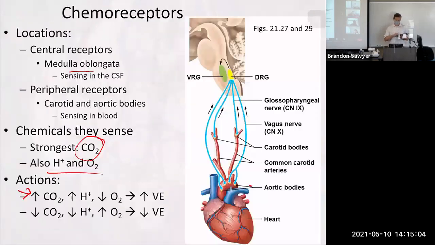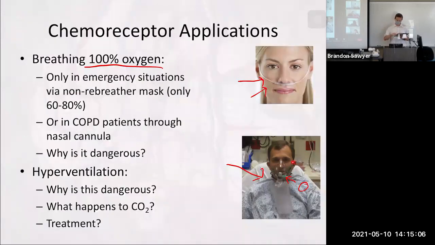In the case down here with this type of setup, you actually breathe out some air into that bag, so you're breathing back in some of your own CO2 and some of your own air. The oxygen that's coming in gives you a higher oxygen percentage, but you're still not getting 100% oxygen. Even with this non-rebreather mask in emergency situations, you might still only be getting about 60 to 80% oxygen.